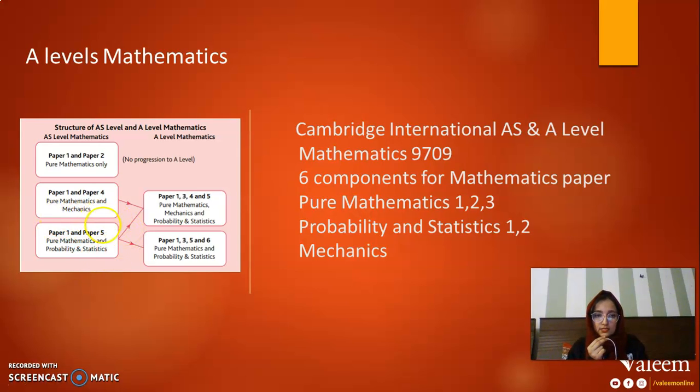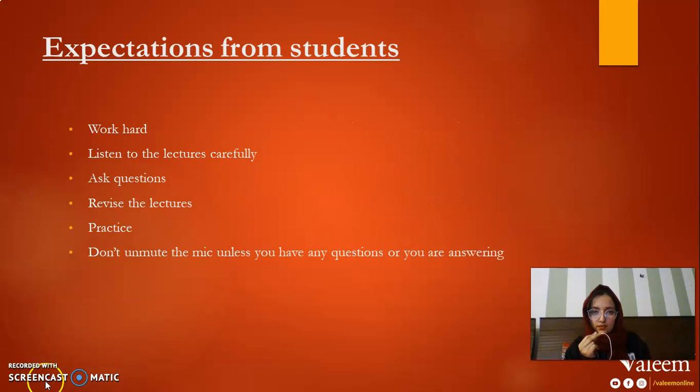You can choose paper number 3 and paper number 4 in A-levels, that is pure mathematics 3 and mechanics in A-levels, and you can choose pure mathematics 3 and probability and statistics, that is paper number 3 and paper number 6 in A-levels.